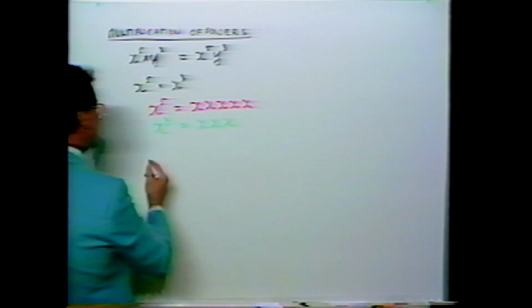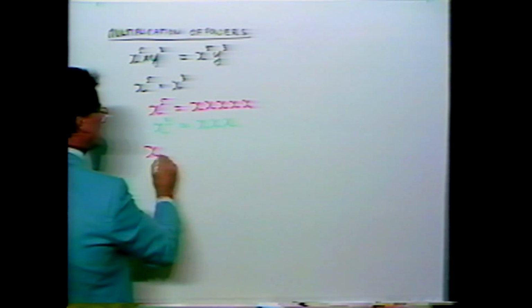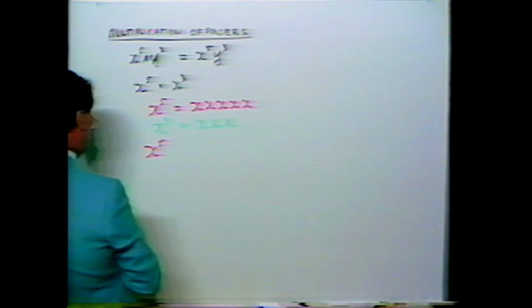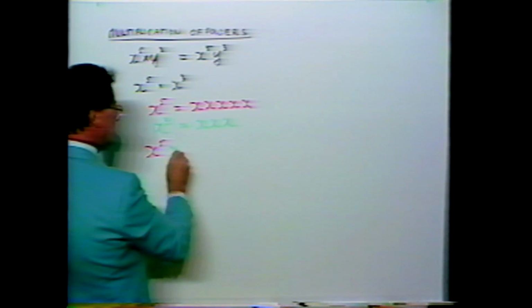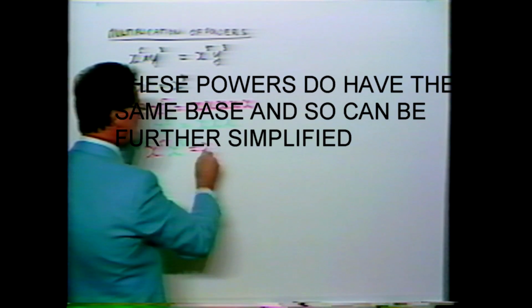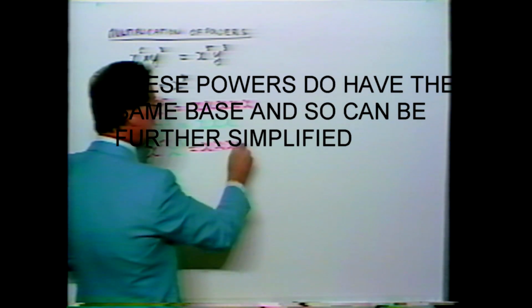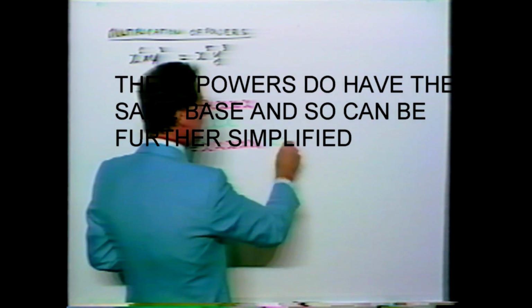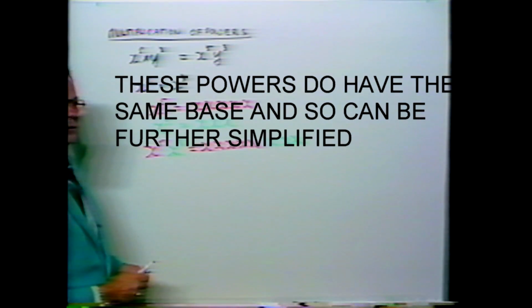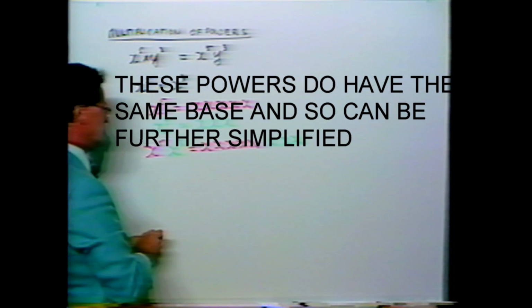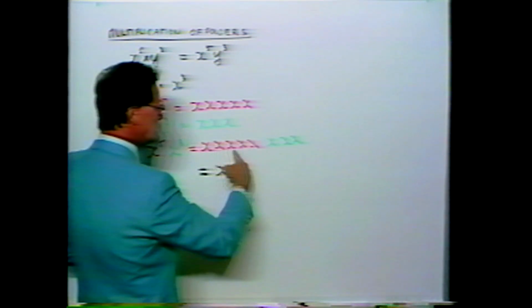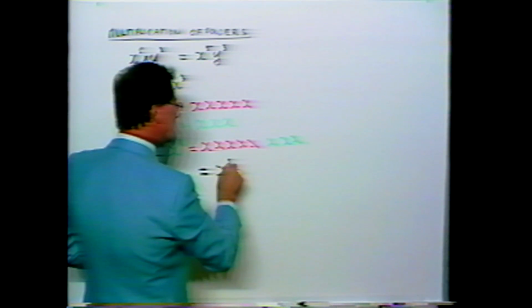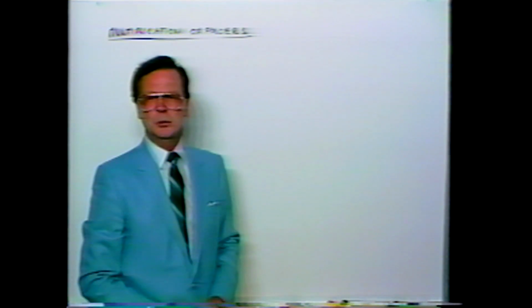Consequently, if we take x to the 5th and multiply it by x to the 3rd, it is equal to 5 x's in a row like that, followed by 3 x's in a row like this, and the right-hand side is equal to x to the 8th. The preceding example is summarized in the following rule, or law of exponents.